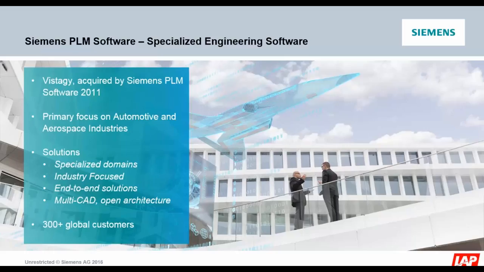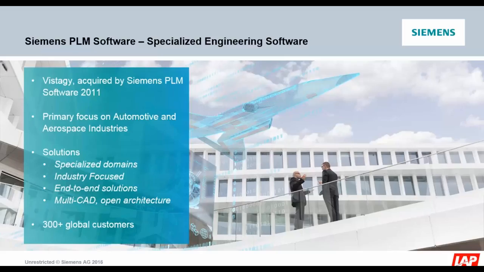The solutions that we develop are specialized domains such as FiberSim for development of composite components in those industries. Our solutions are very industry focused, meaning that we've built in the best practices from those industries.